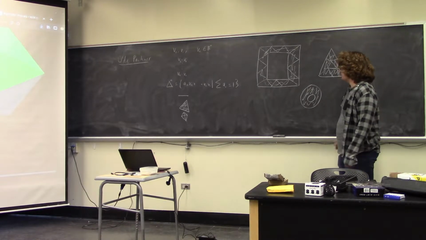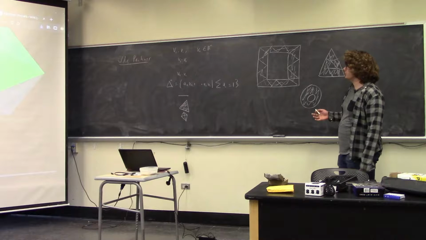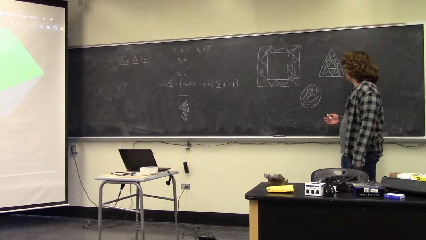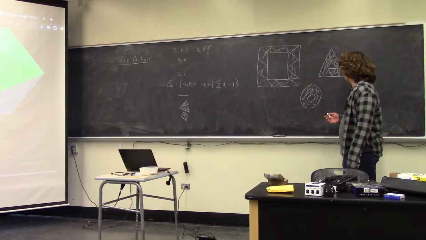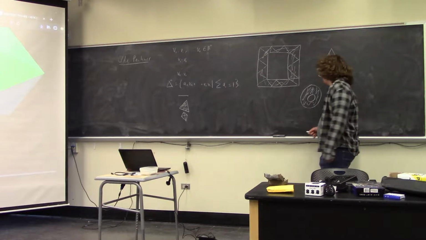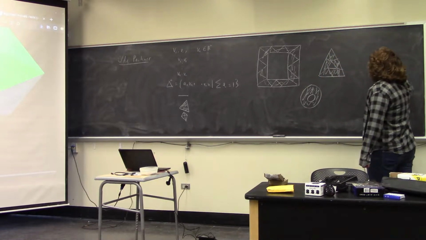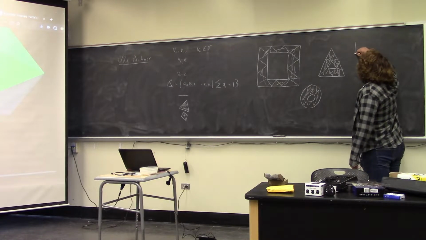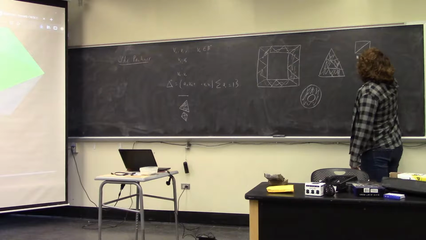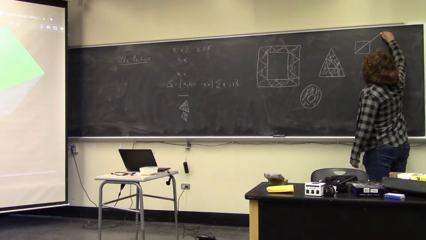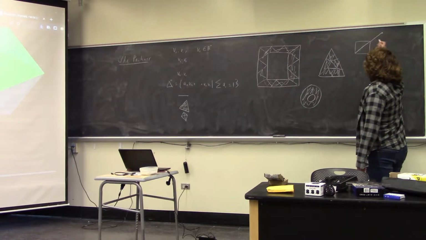So there's this way to represent simplicial complexes combinatorially using just a set of sets. If you have this really simple complex that I mentioned before, it's just two triangles and a line segment.